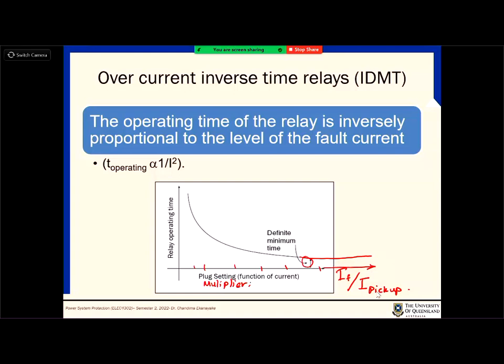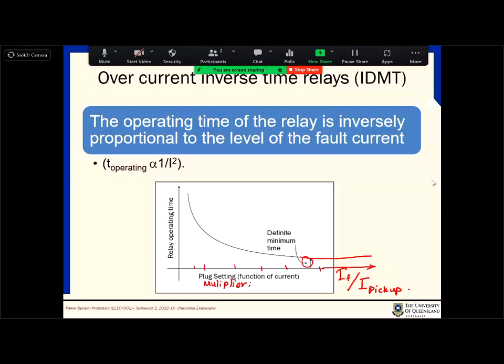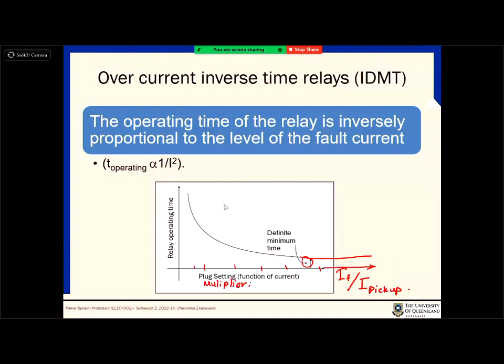Let's say that is the minimum time the relay needs, because you can't bring it to 0. It comes to 10 milliseconds, let's say. After that, whenever you increase the current, it's still the minimum. So there is a definite minimum time there. That's why we call it an inverse definite minimum time relay. The characteristic here is that the operating time is inversely proportional to the fault current magnitude.